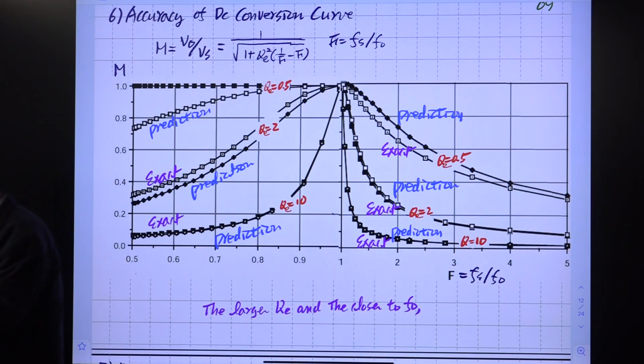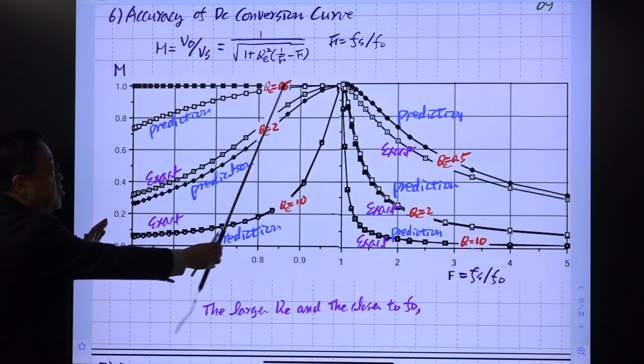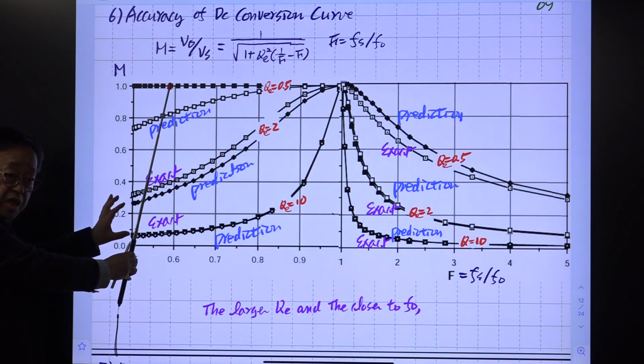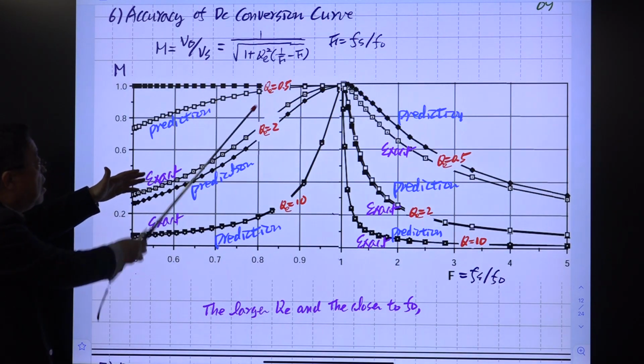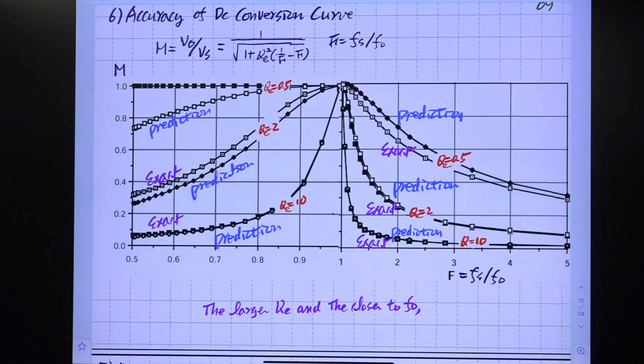That is obvious, because when you are far away from the resonant frequency, the error will increase. And with small Q, accuracy will be reduced. So the larger the Q and the closer to the resonant frequency, the more accurate the prediction.